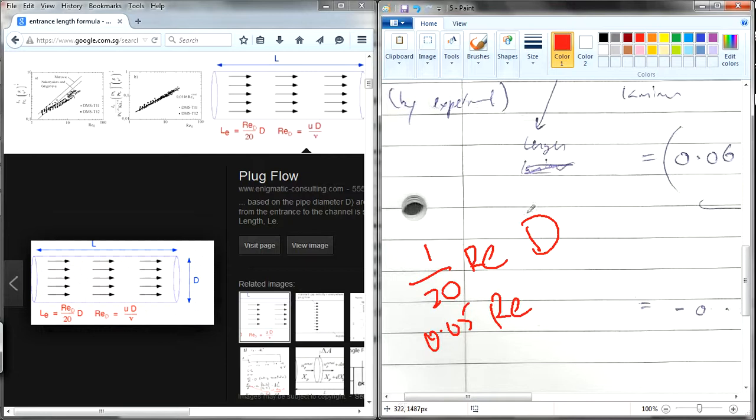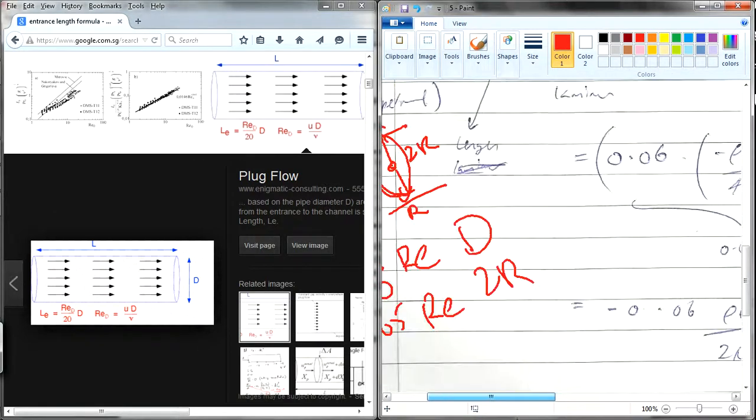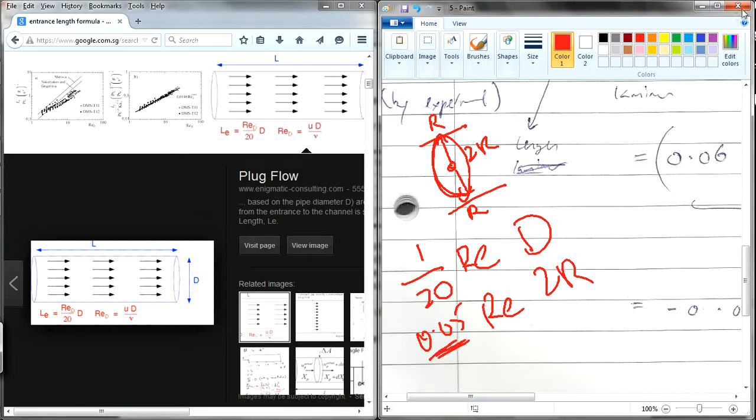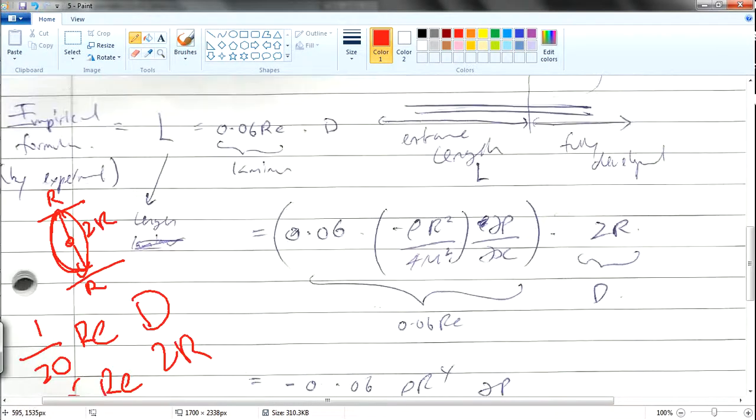Re D is actually 2 radius. In this case, I've already explained that this is 1 R over here and then another R over here, so there's 2 R for the whole diameter. Okay, so this is 2 R. So this is approximately 0.06. So 0.05 or 0.06 is about the same. There's a little variation, but this is okay.